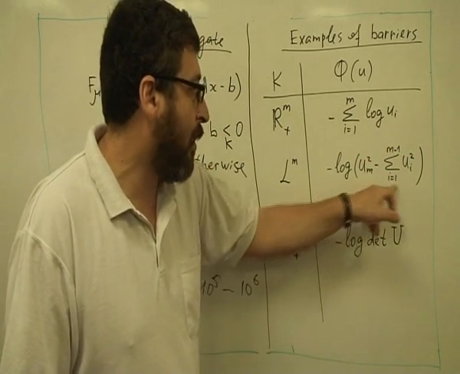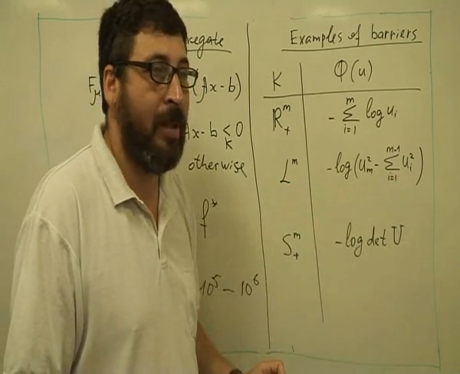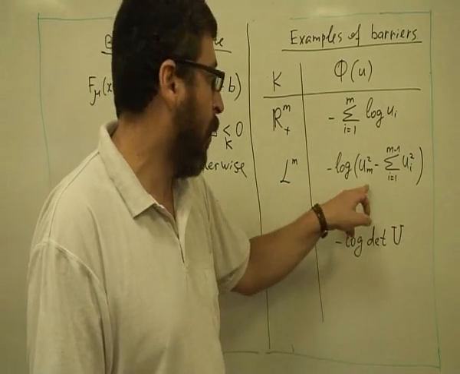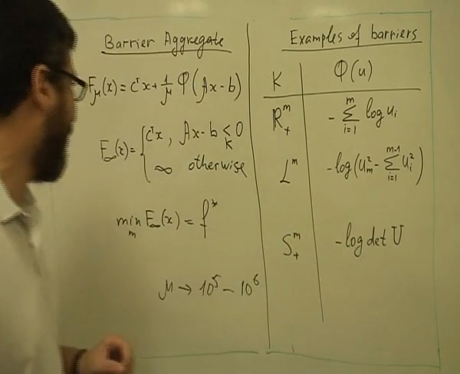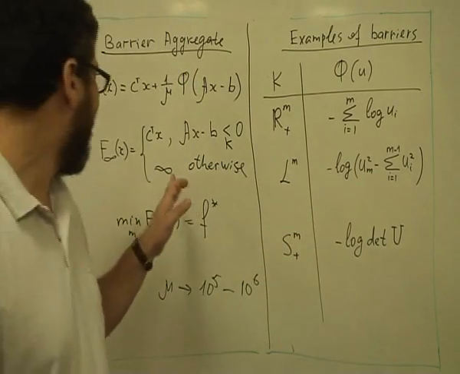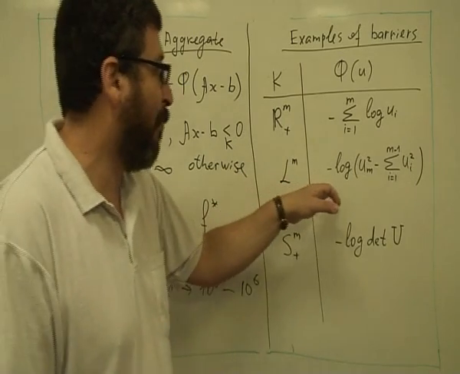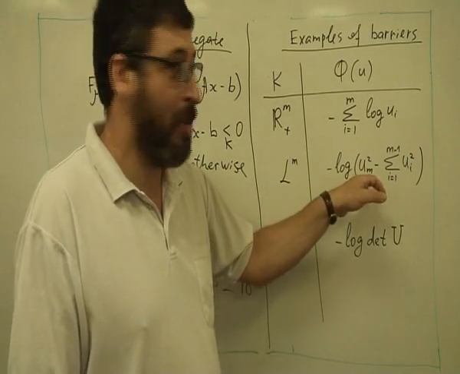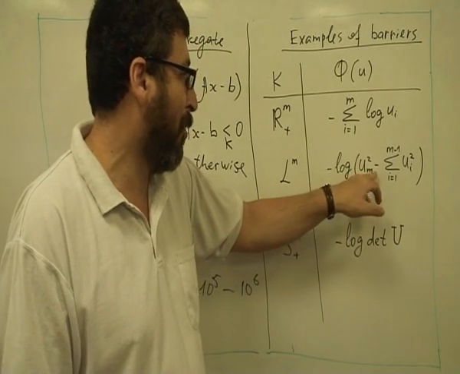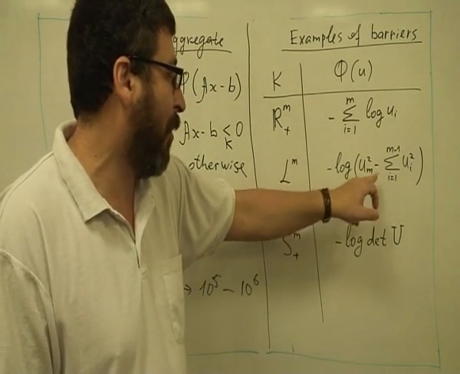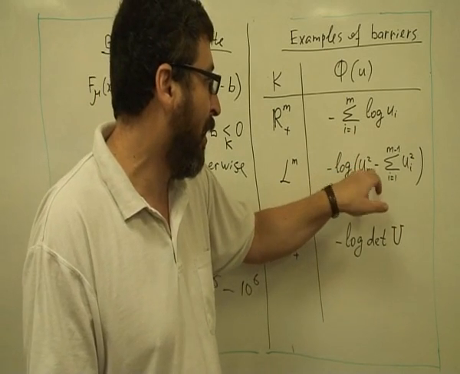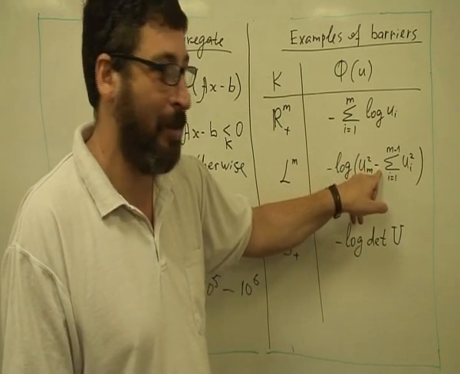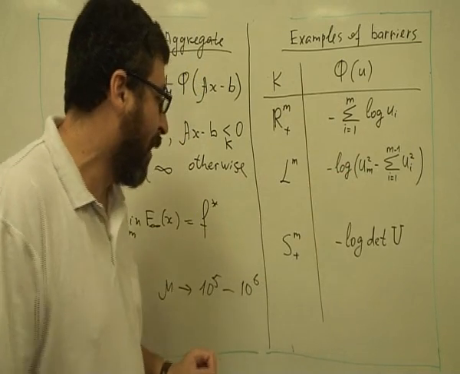So we just take log of this difference, and one can show that this is a nice convex function which has the property that it goes to infinity on the boundary, and we actually see it from here. When the point approaches the boundary, then this approaches 0, so it goes to infinity.